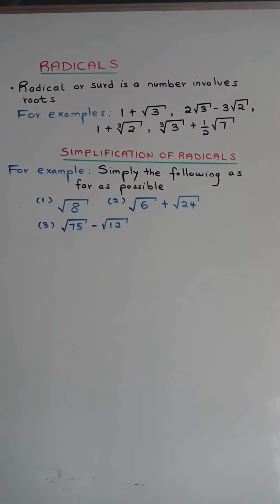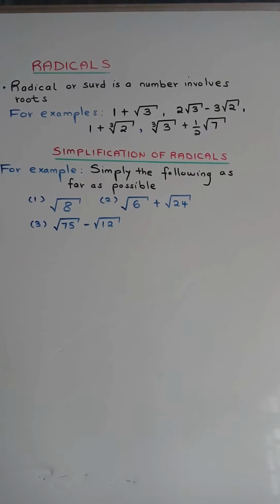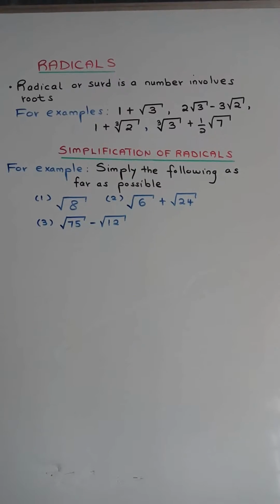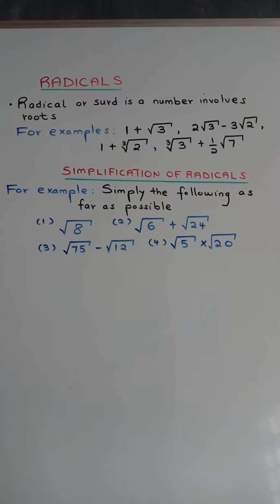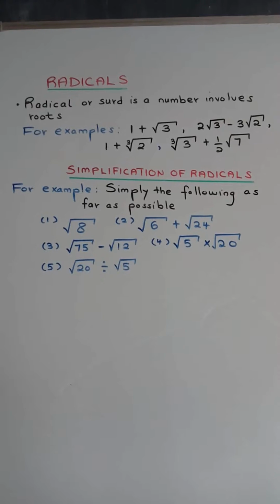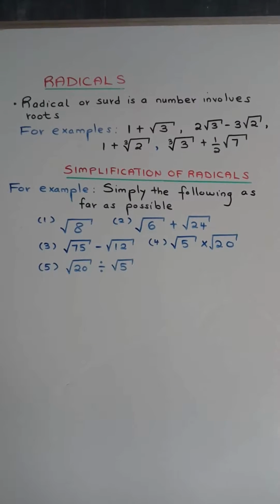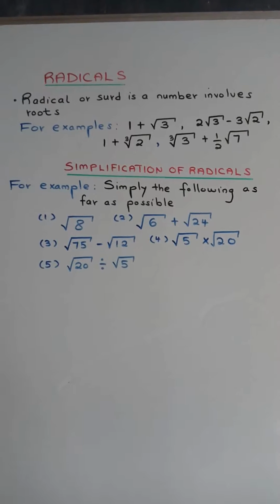Number 3, radical 75 minus radical 12. Number 4, radical 5 times radical 20. Number 5, radical 20 divided by radical 5.